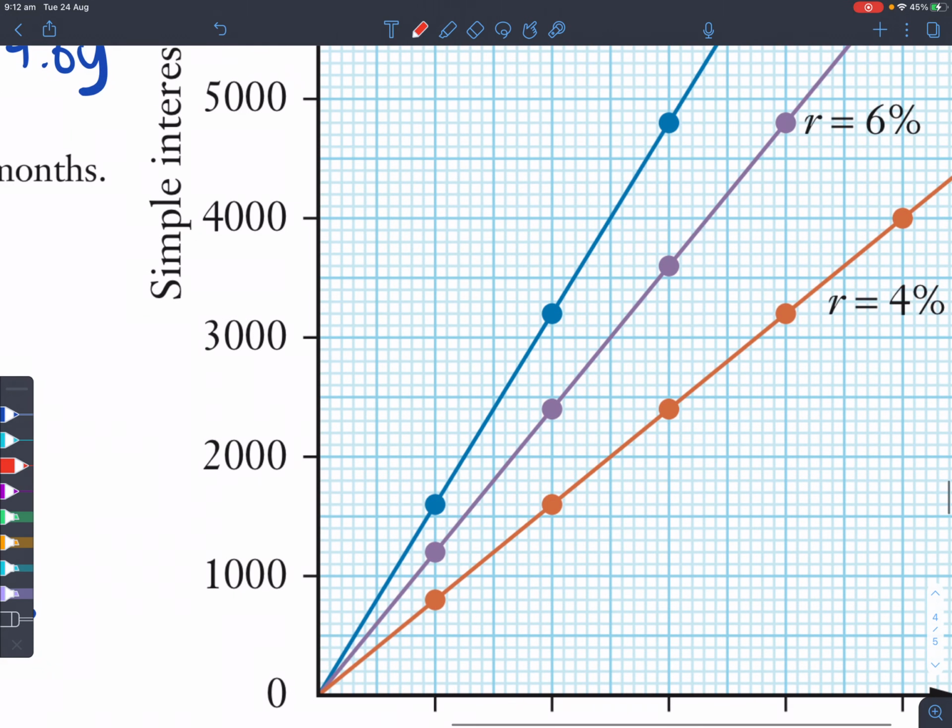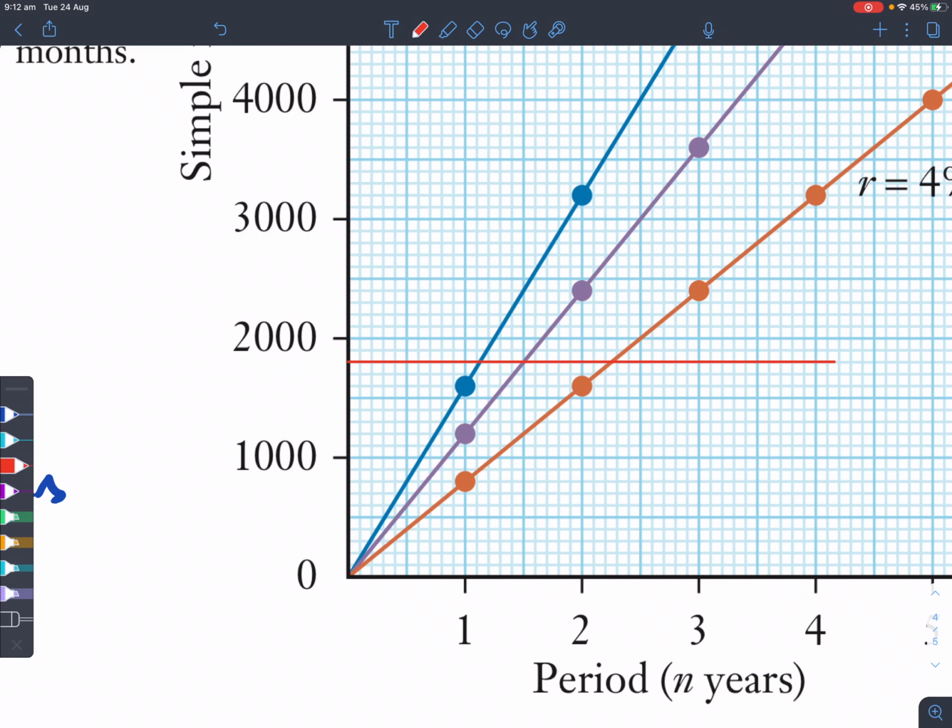If I look for $1,800, that's 2 squares right below 2,000. I'm just going to draw a horizontal line across. Then we were looking at 2.25 years, which is the middle between 2 and 2.5. So it's right in the middle between these two.